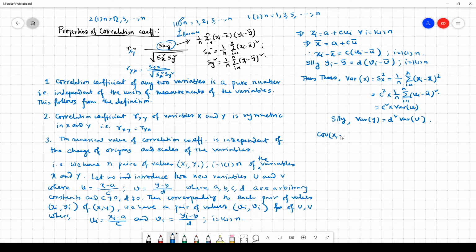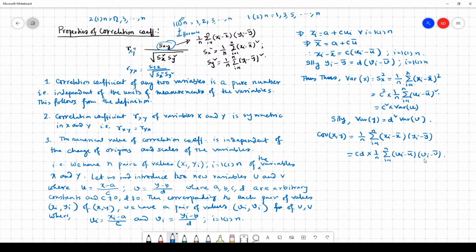Covariance between x and y, which is 1 by n sum over i from 1 to n of (xi minus x bar)(yi minus y bar), is equal to c into d times 1 by n sum over i from 1 to n of (ui minus u bar)(vi minus v bar).